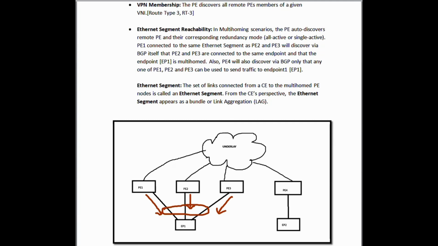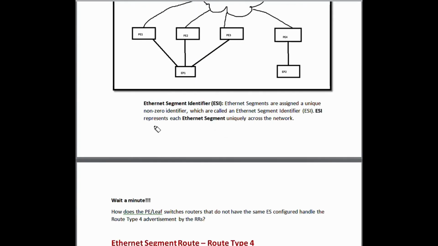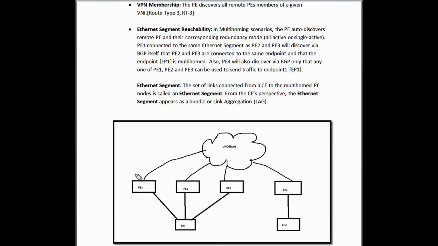Each Ethernet segment is assigned a 10 byte non-zero value, and this 10 byte value is called an Ethernet Segment Identifier. It identifies the Ethernet segment in the EVPN topology or in the EVPN network. As soon as we configure the Ethernet segment on the interfaces towards the customer edge, the PE devices or the leaf devices send route type 4 towards the spine routers, which are also the route reflectors in this case, and the spine routers will reflect those BGP updates towards the other leaf switches.